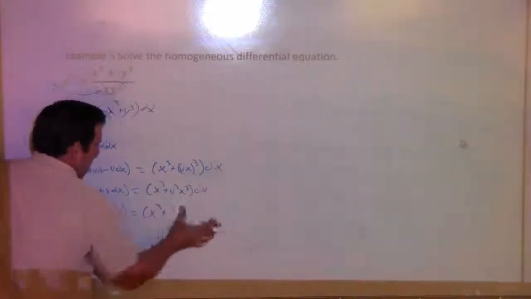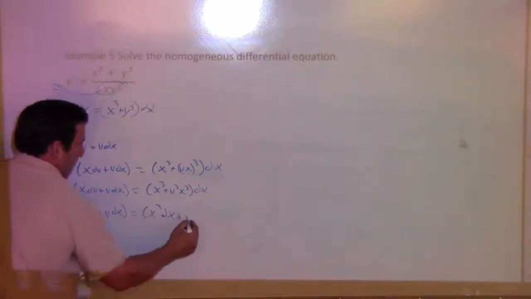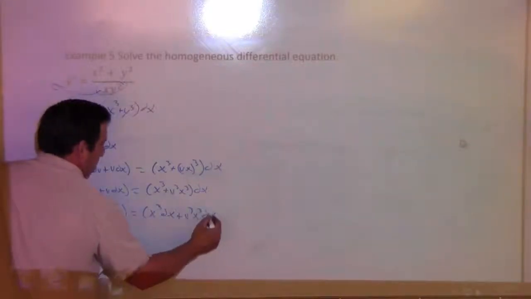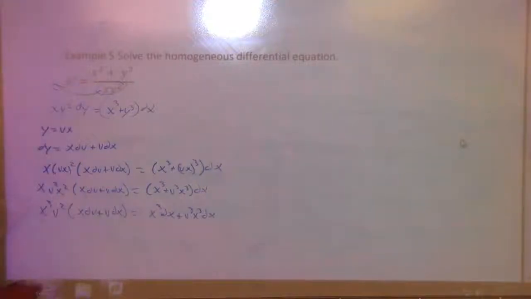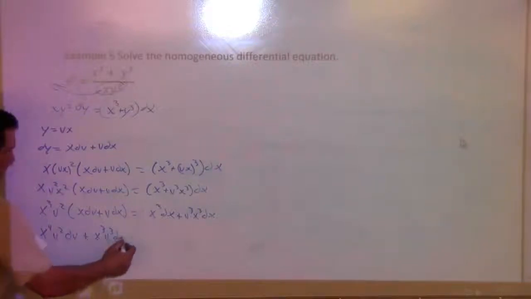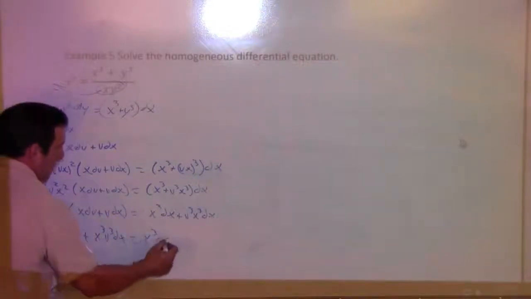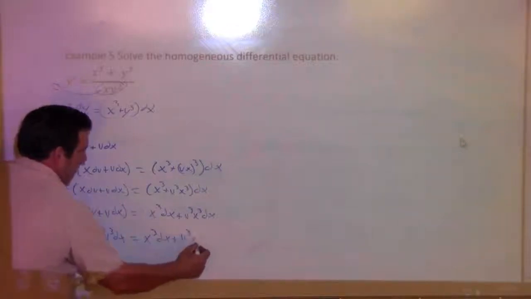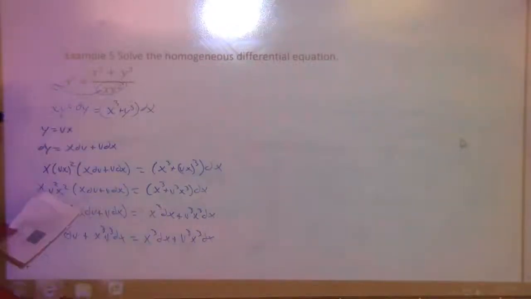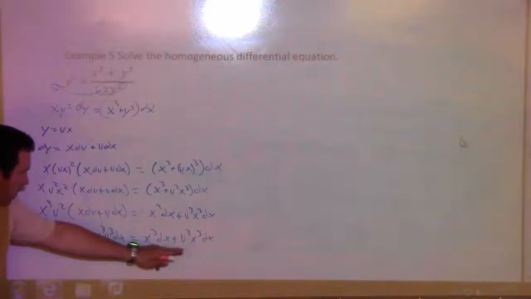I'm going to distribute this: x cubed dx plus v cubed x cubed dx. If I distribute over here, I'll have x to the fourth v squared dv plus x cubed v cubed dx equals x cubed dx plus v cubed x cubed dx. Now, I'm going to subtract v cubed x cubed dx from both sides.